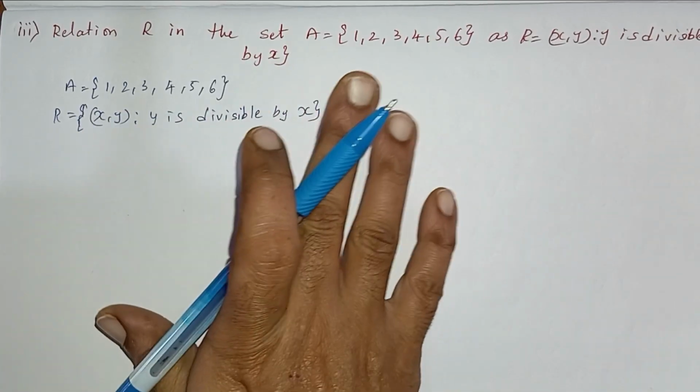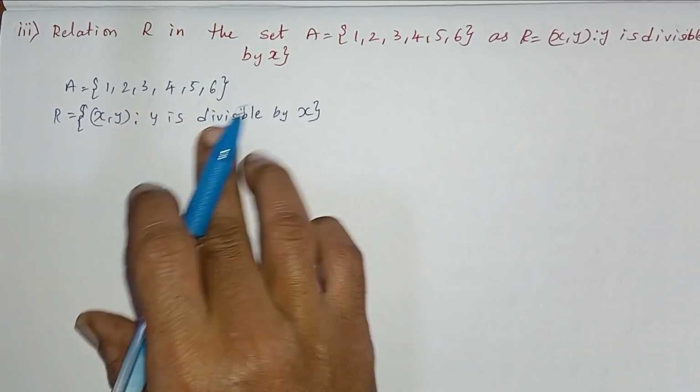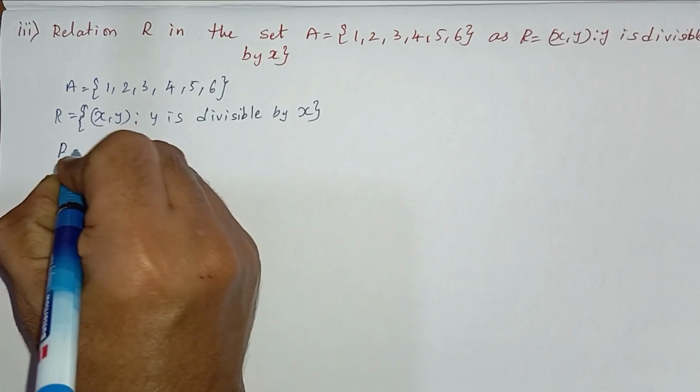So we have to find all the ordered pairs where y is divided by x, that is R is equal to.